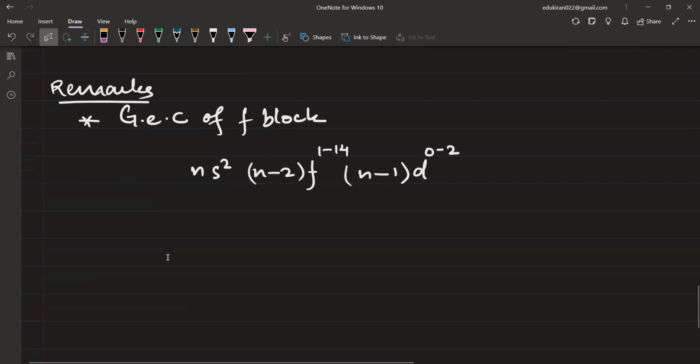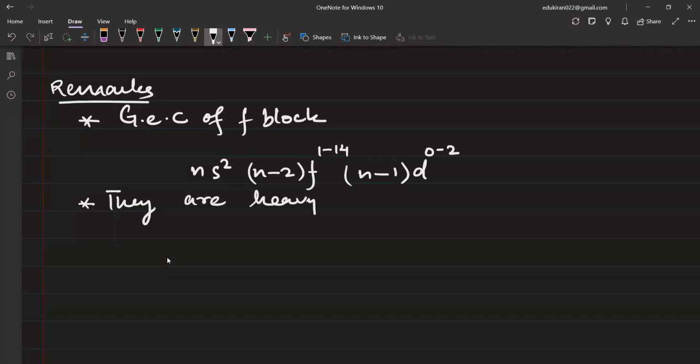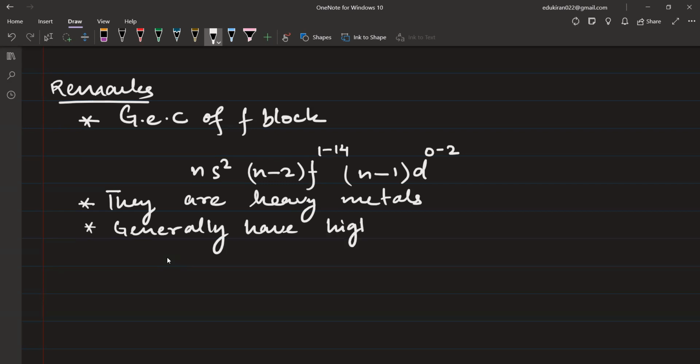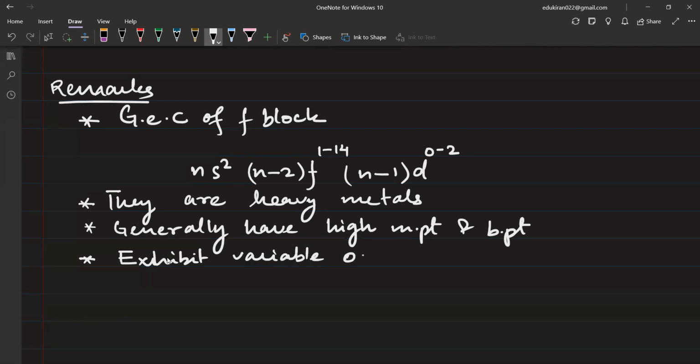Now, about the characteristics, these are known as heavy metals. Please write. They are heavy metals. Generally have high melting and boiling points. They exhibit variable oxidation state.